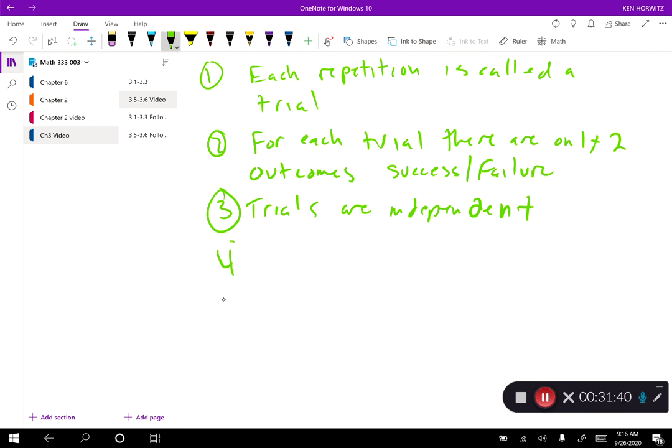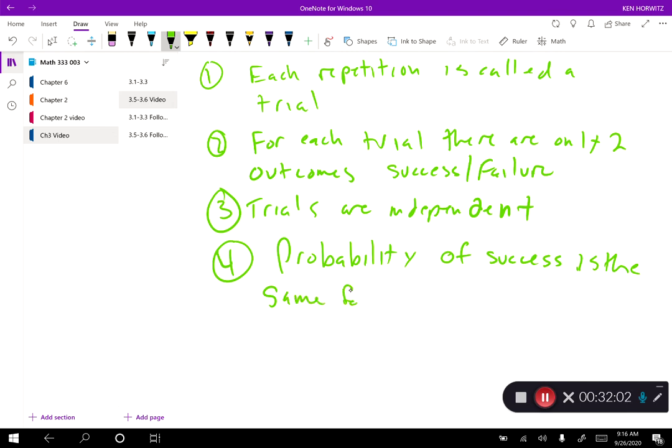The fourth says probability of success is the same for each trial. However, the fifth one is where they diverge. In a geometric distribution, we repeat the trials until we get a success.